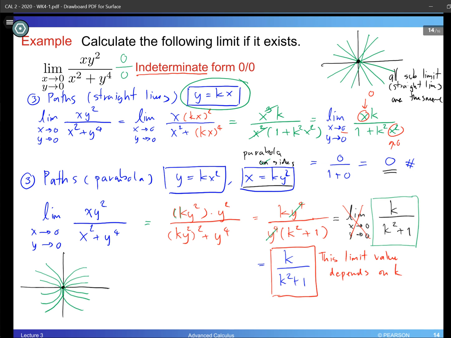Since the limit depends on the values of k, it means that the limits are different on different paths. The sublimit values are different along different paths, which means different paths means different k.